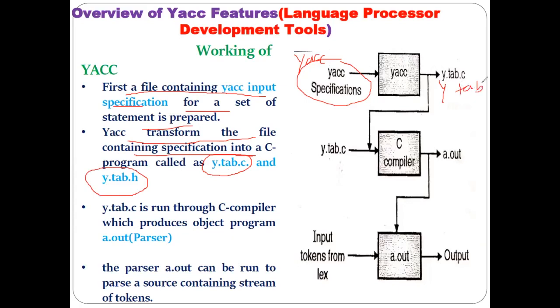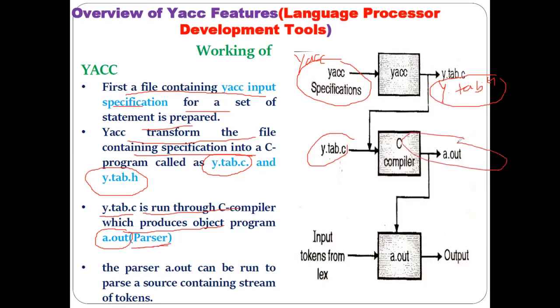Now what is the meaning of y.tab.c? y.tab.c is nothing but the C program conversion of this Yacc program, and what y.tab.h is, I will tell you next. Then you have to compile it using the C compiler. y.tab.c is run through the C compiler, which produces the object or executable program, that is a.out. That is nothing but your parser or the syntax handler.